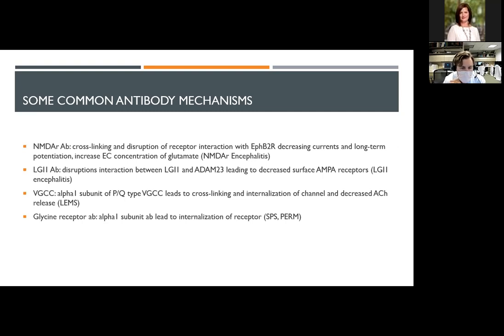The cell doesn't necessarily die, or at least not right away, but you get loss of function in that cell, and that's what causes the symptoms. So in NMDA receptor encephalitis, those receptors tend to be clustered in your medial temporal lobe. So you end up getting seizures, memory deficits, changes in mentation. There's a whole host of things you can get there, but we don't have to go through all of them. These are just some example ones that we end up testing for a lot.